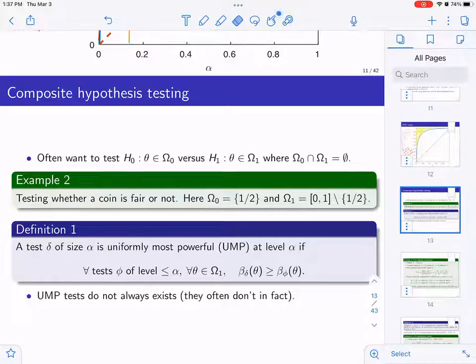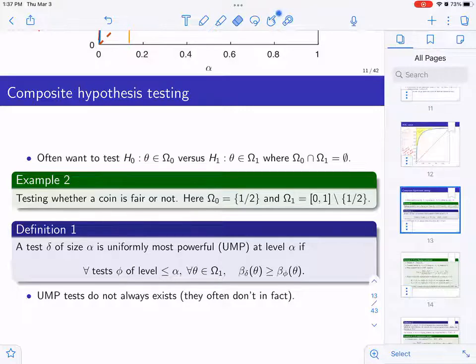A typical example is, I have a coin, I want to test whether it's fair or not. That's like testing whether the probability is equal to 1/2 or not. Okay, this is more common. Basically, the alternative is vague, anything other than the null.